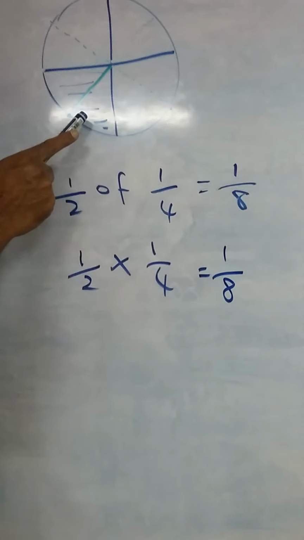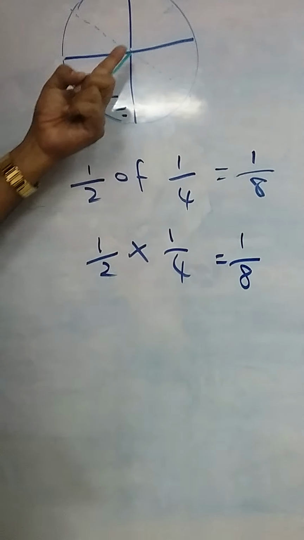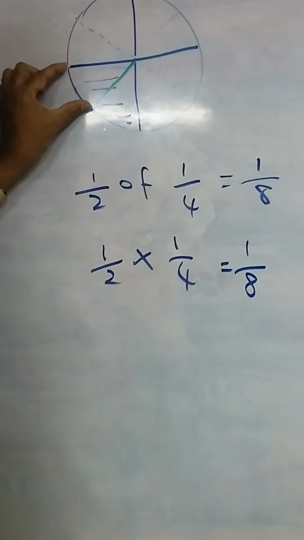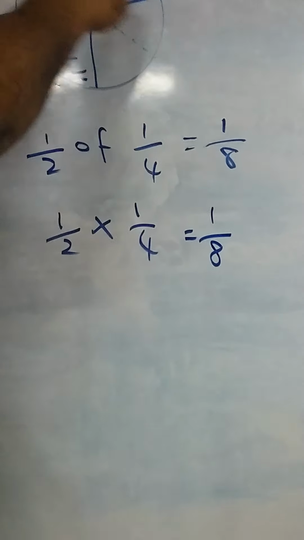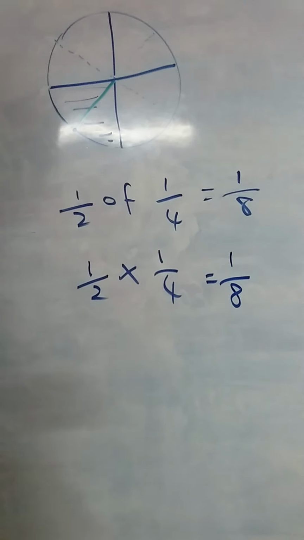And I would have used the fraction model here to show you that if we have a quarter and we want to find a half of the quarter, we would end up with really 1/8 of the whole. 1/8 of the whole. So as we look on this side here, we would see that sometimes we may be asked to find a fraction of a quantity.